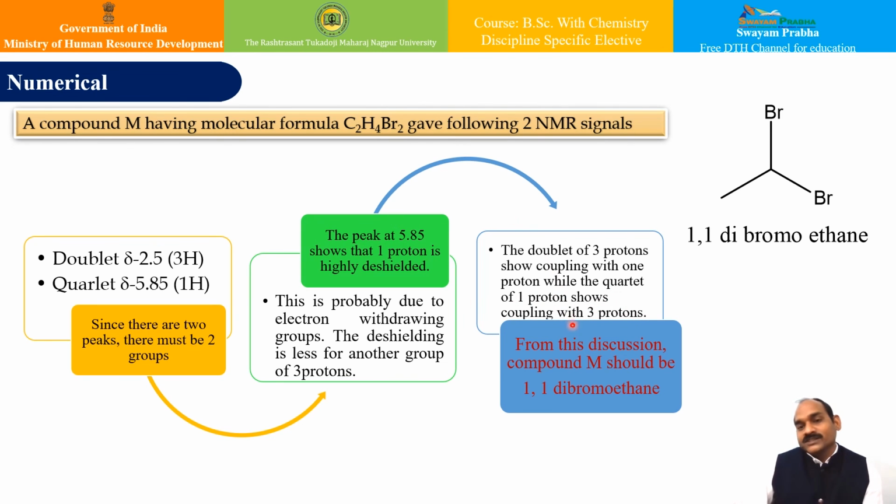From this discussion, we can conclude that this compound M should be 1,1-dibromoethane, because of the molecular formula. The bromines are present over here, and therefore the molecule present is 1,1-dibromoethane.